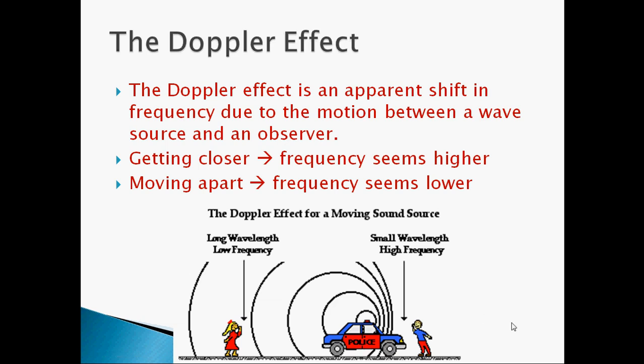So the waves get scrunched together, which creates this higher frequency. We're getting more waves in a given amount of space. Whereas back behind the car, where it's moving away from the sound waves that it's emitted, it gets more spread out, which is why it sounds like a lower frequency, a lower pitch to us.